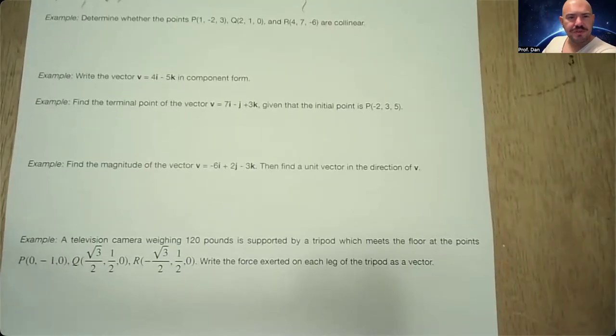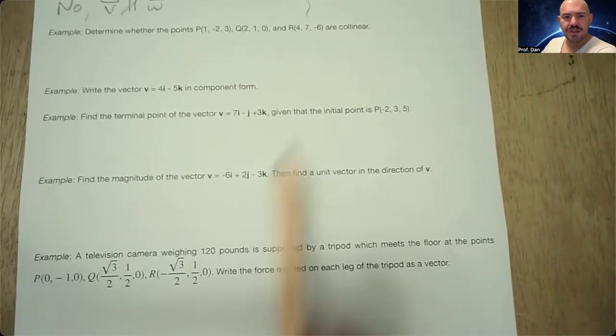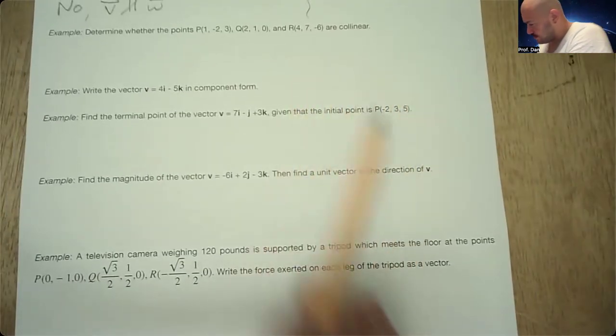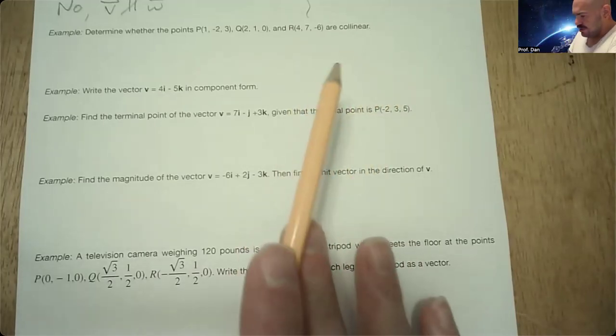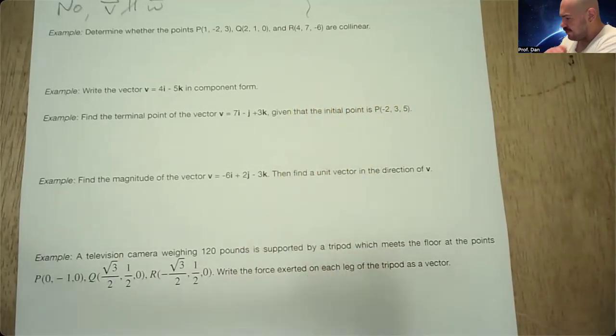Moving on to the next example, determine whether the points P, Q, and R are collinear. So essentially, we're basically going to look at two different vectors, okay? If those two vectors turn out to be parallel, remember that means that we can always shift them to, yeah, backtrack.